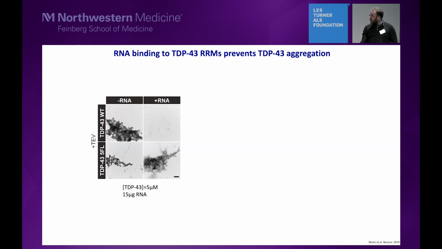This RNA-binding-dependent effect required that the RNA engage the RRMs of TDP-43. So if you mutate five phenylalanines that engage RNA in the RRMs of TDP-43, then TDP-43 will now aggregate even in the presence of RNA. So RNA has to engage the RRMs of TDP-43 to stop this aggregation process.